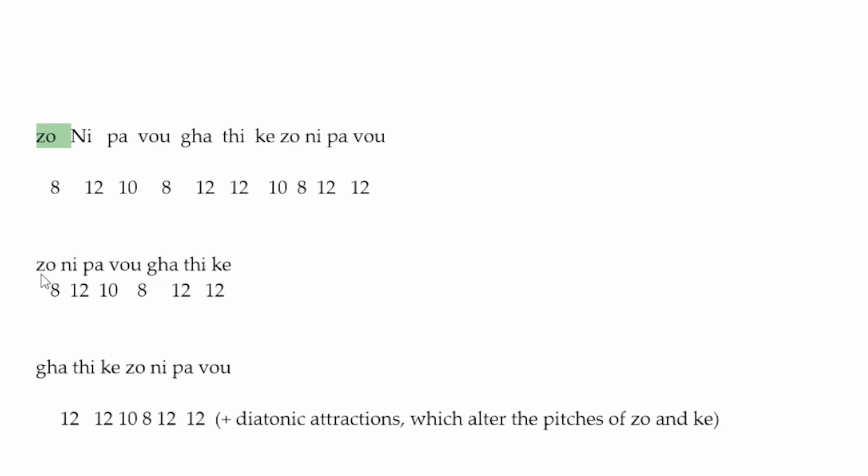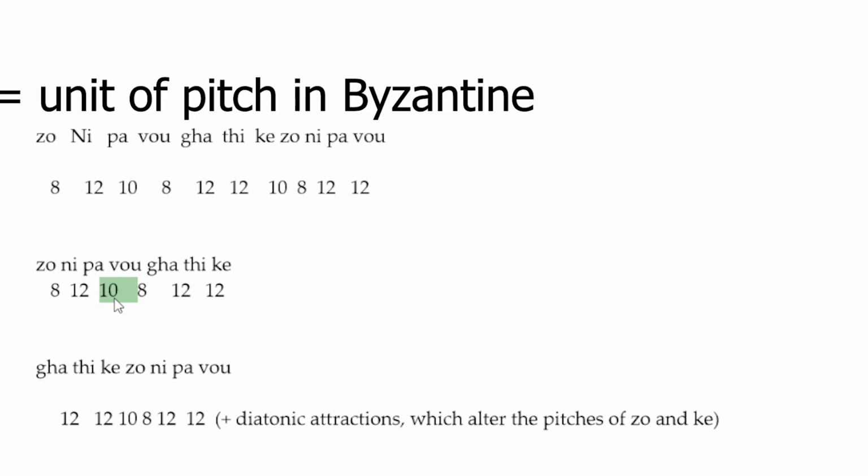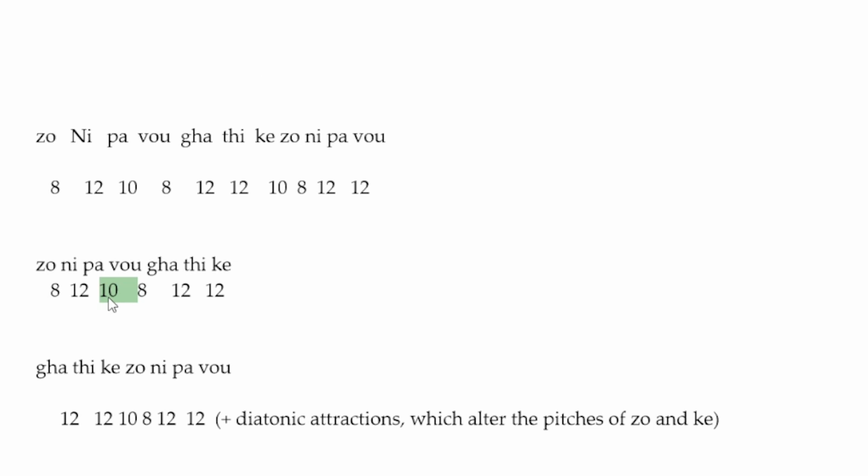Starting with the lower half of the scale, the diatonic scale based on pa, going up from pa, has intervals of morea. Now, morea is the unit of interval in Byzantine chant. Again, if you haven't watched my diatonic scale video, please go watch that now, or else none of this will make sense. The interval between pa and vu is 10 morea.